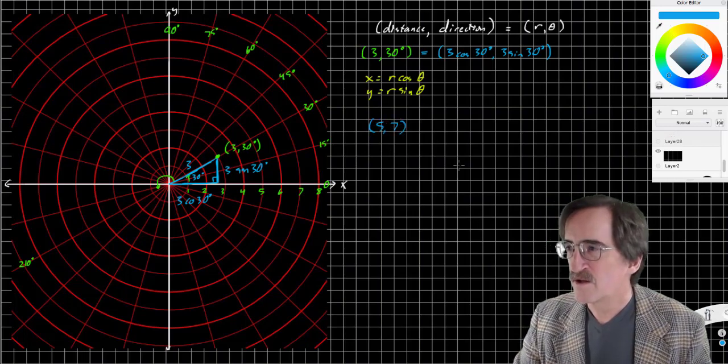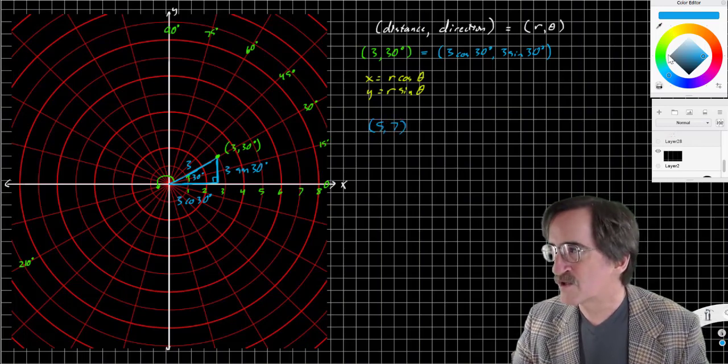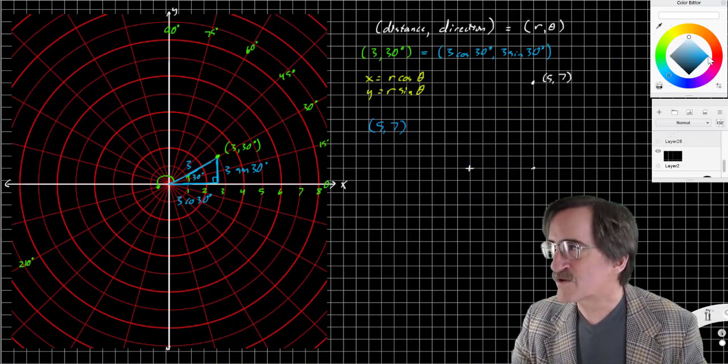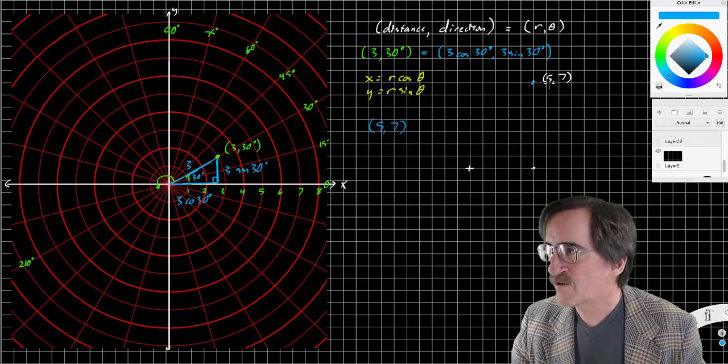Okay? So in rectangular coordinates, what we're looking at is a rectangular graph. 5 to the right, and 7 up. So 5, 7. Again, consider the right triangle formed right here.